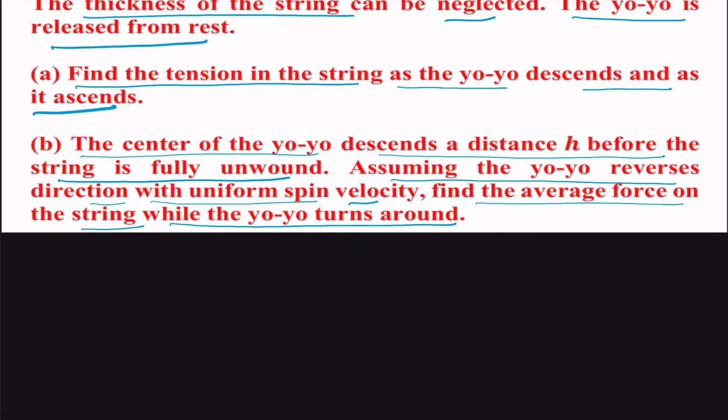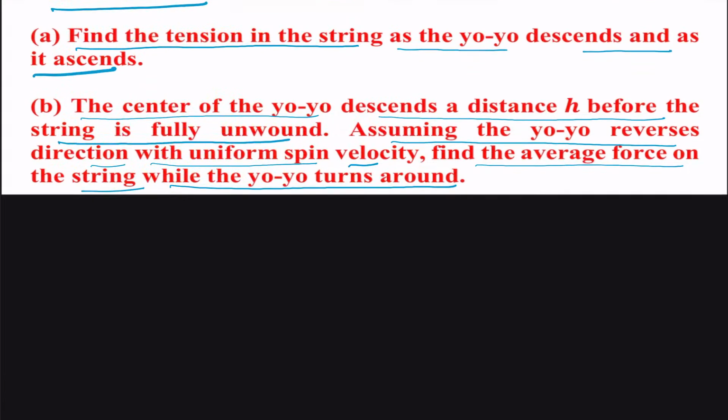Okay, so based on this, we have two parts. In the first, the yo-yo is ascending and descending, and in both cases we have to find the tension. We can just draw an approximate figure. We have an inner part with center, b is its radius, and r is the radius of the outer part.